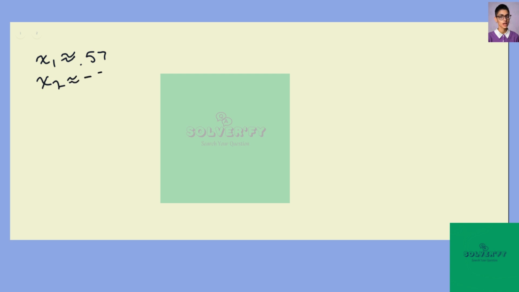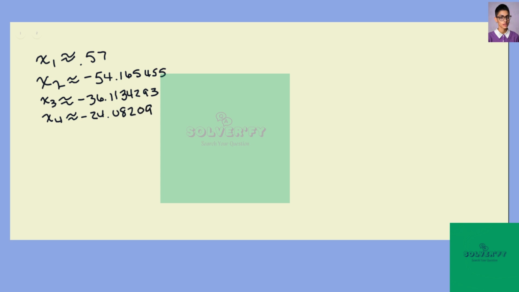X sub 2 is negative 54.165455. X sub 3, negative 36.113493. X sub 4, negative 24.082094.